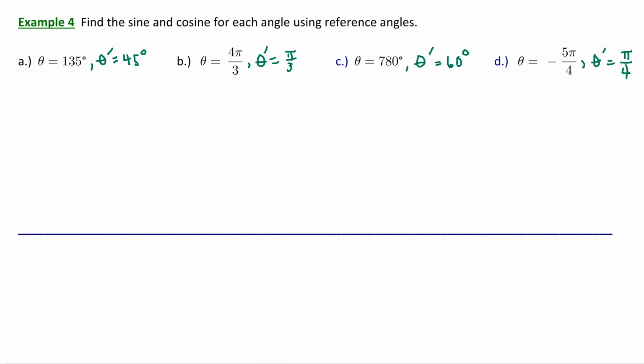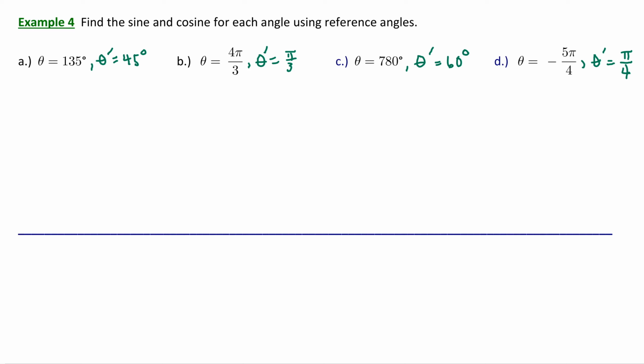So in order to evaluate sine and cosine for the given angle theta, we need to be able to evaluate sine and cosine for the reference angle theta prime. We can either do that using special triangles or a table of values. For convenience's sake for this problem, I'm just going to make a table of values down here at the bottom of the page.